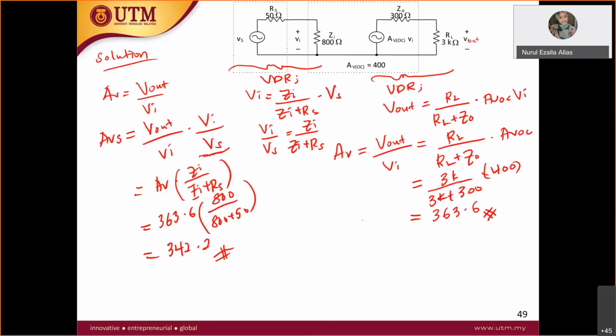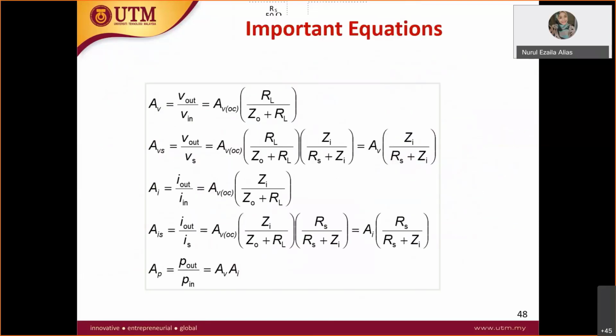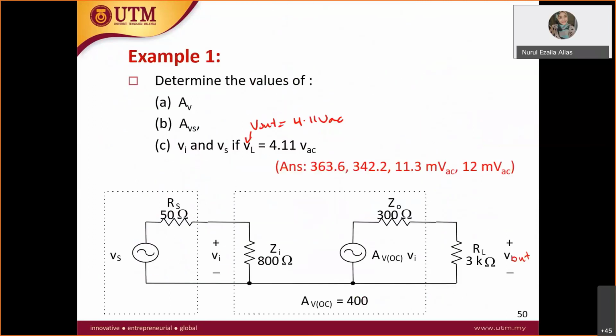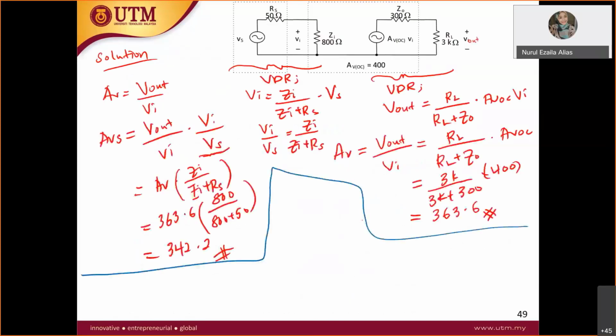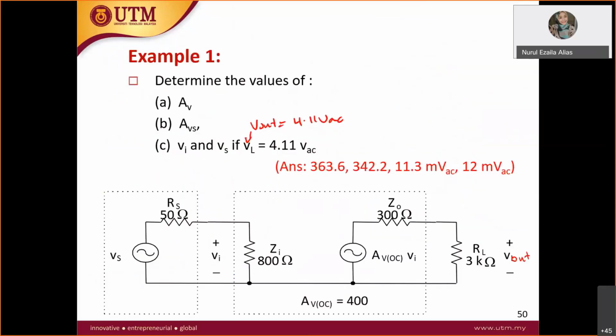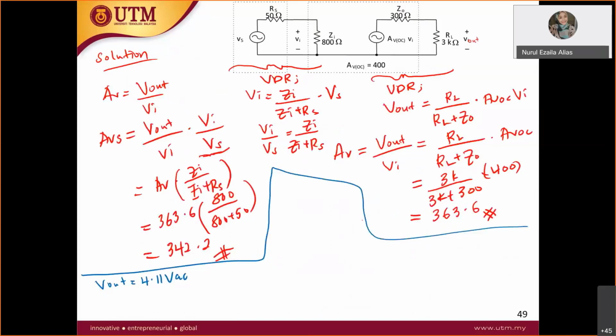They said find V in and VS. Given that V out is equal to 4.11 VAC, they want V in first. You already know V out over V in.